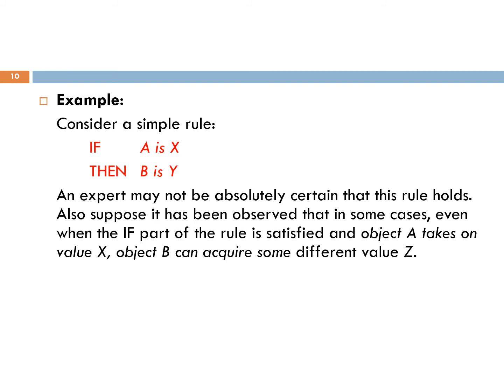Also, suppose it has been observed that in some cases, even when the if part of the rule is satisfied and the object A takes on a value X, object B can acquire some different value as well. It might be Z.